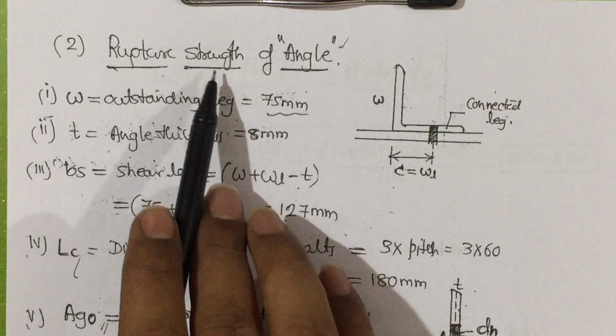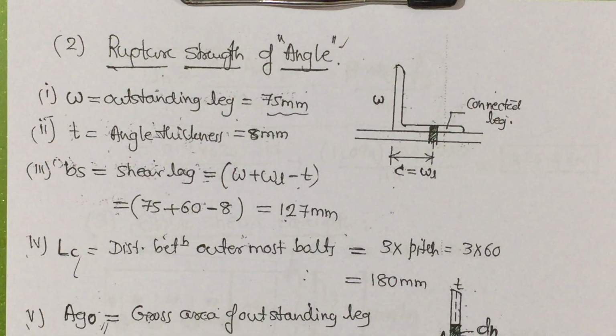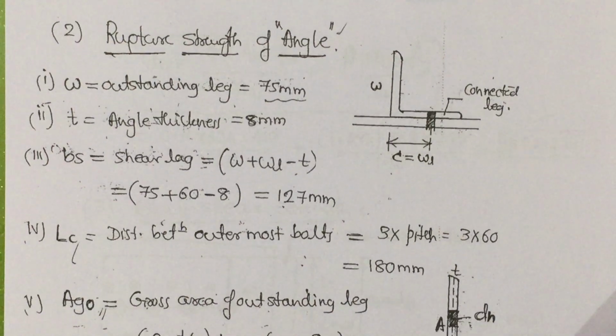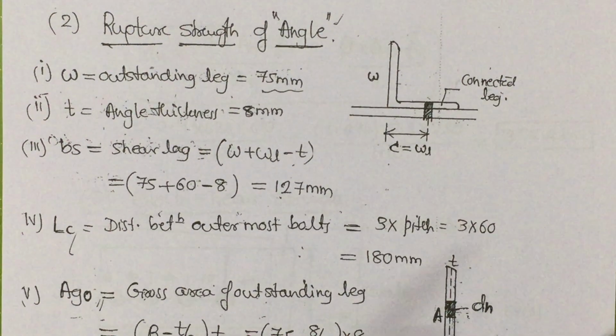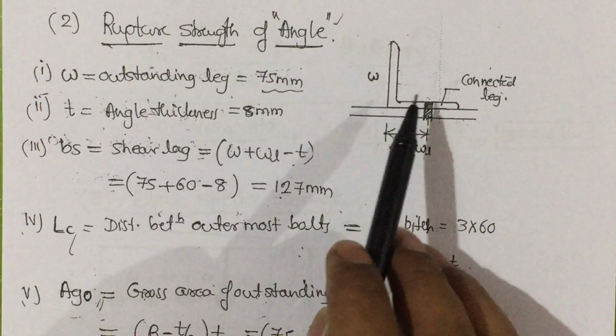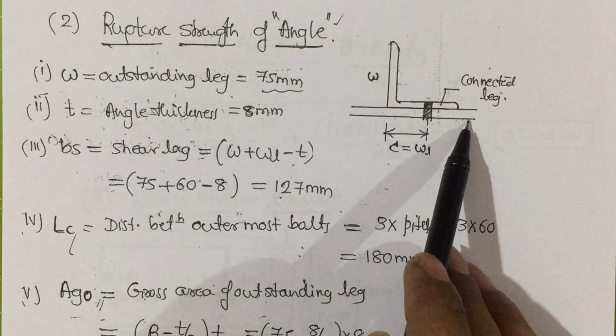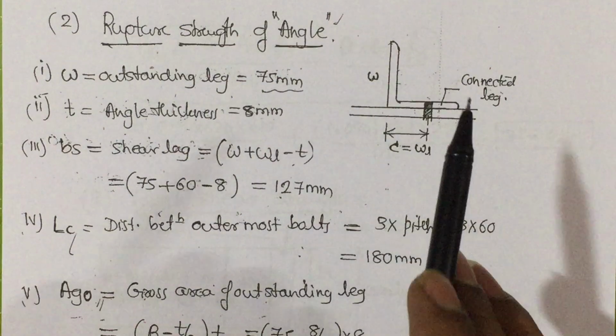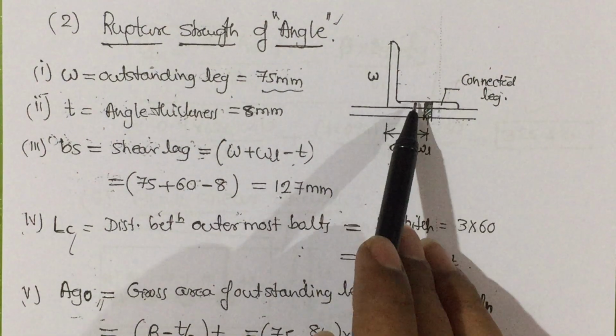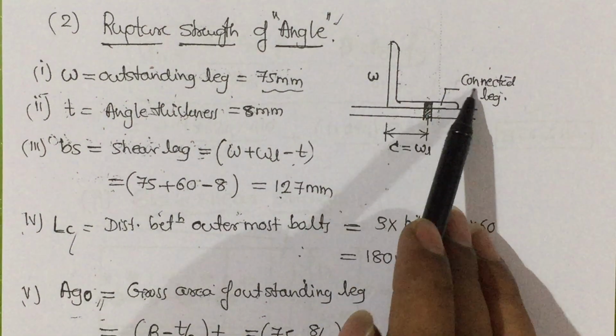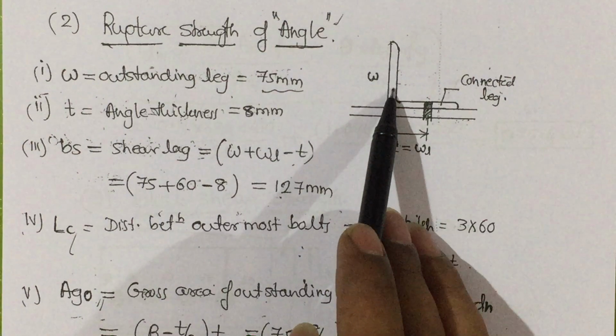Then second step, rupture strength of the angle, that is TDN. For TDN, we need so many data. So let us calculate. This is the unequal angle section that is connected to the gusset plate. The leg which is connected, we call that the connected leg, the free leg we call the outstanding leg.